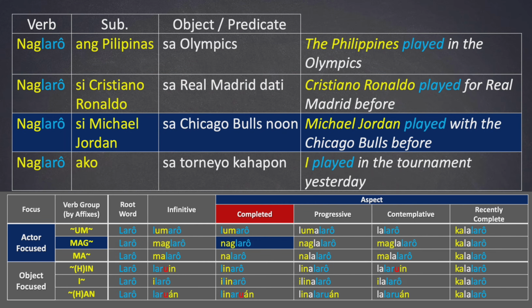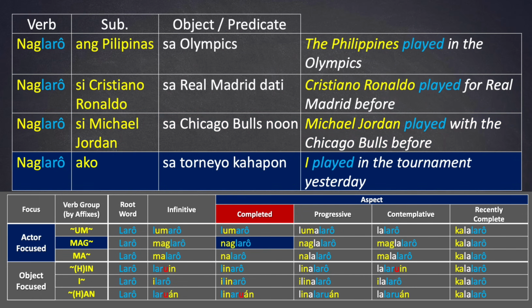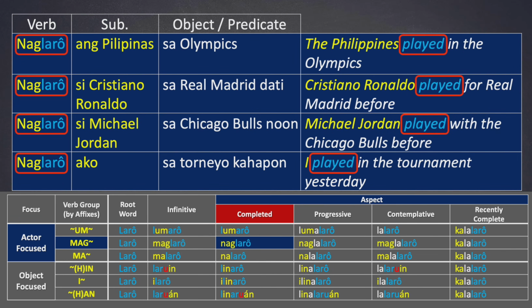Naglaro si Michael Jordan sa Chicago Bulls noon. Michael Jordan played with the Chicago Bulls before. Naglaro ako sa torneo kahapon. I played in the tournament yesterday. As discussed earlier, with this verb, there is a slight emphasis on the action.